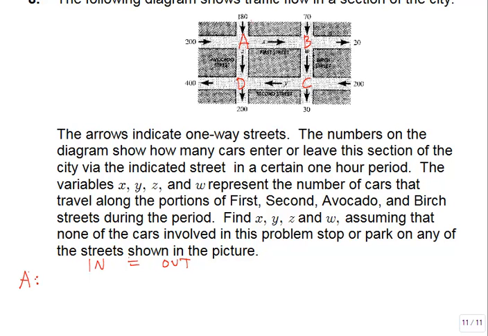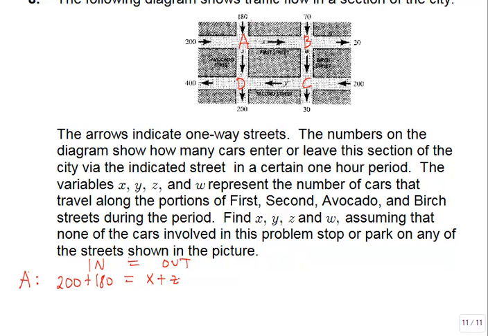So at intersection A, what's coming into this intersection? What arrows are pointing in? We have this 200 going in and this 180 going in. So there's 200 cars plus 180 cars going in to intersection A. What's going out of it? X is going to the right and Z is going down.